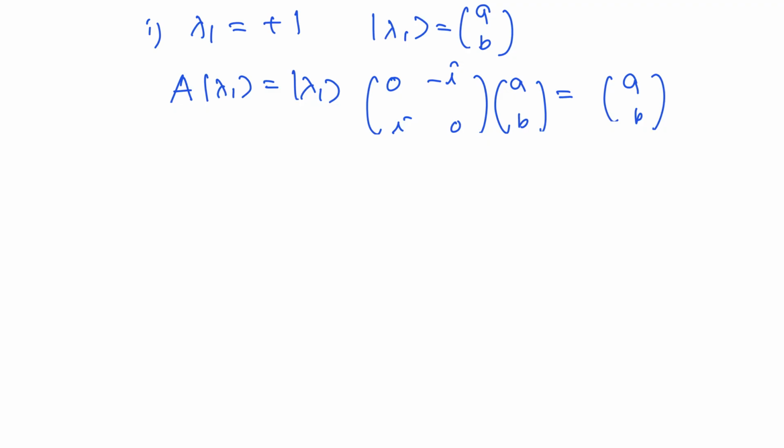So that is, b is ai, right? Correct? So we have the following. The eigenvector for lambda 1 is a, ai.